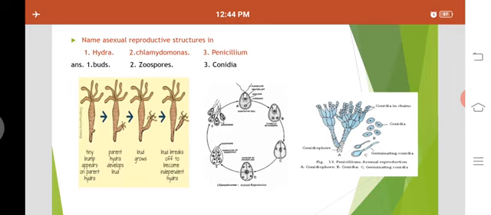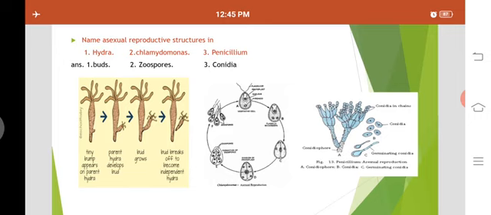They have asked about 3 different organisms, and how these organisms reproduce asexually. This question is asked for 3 marks.